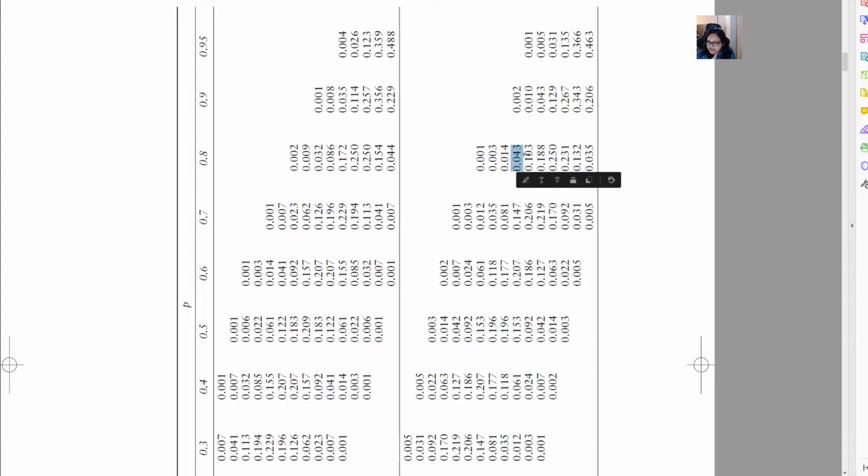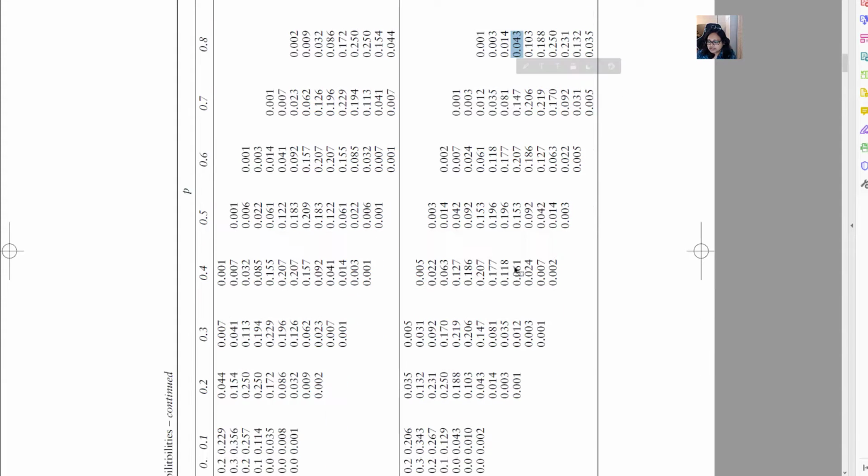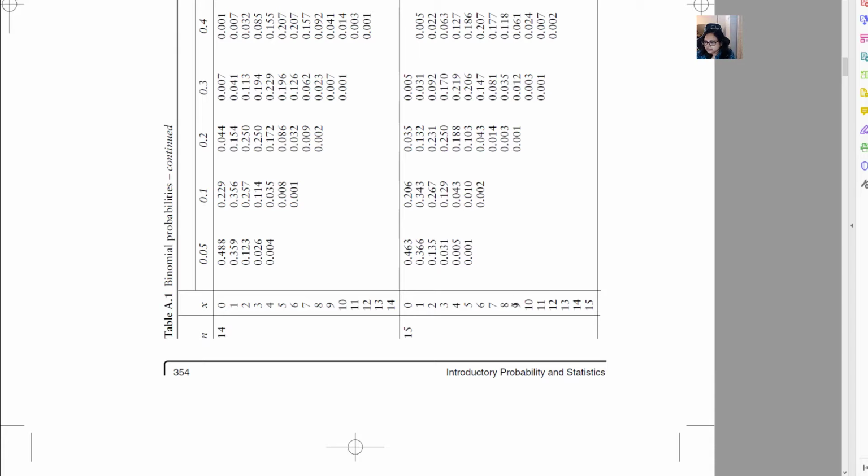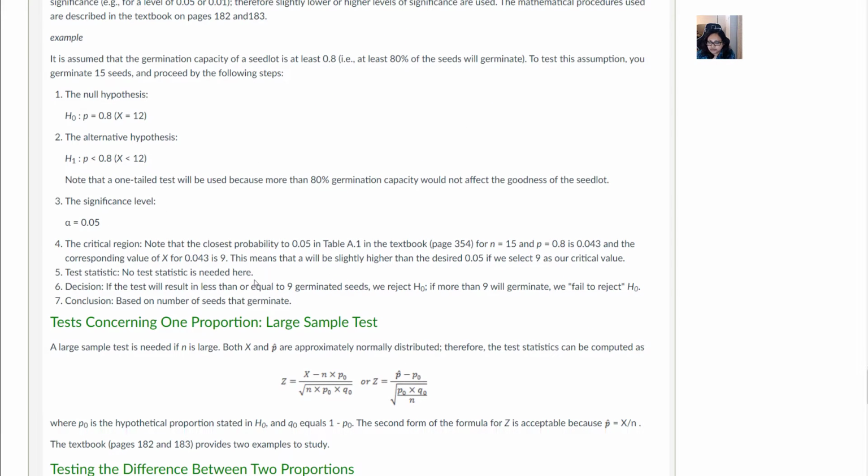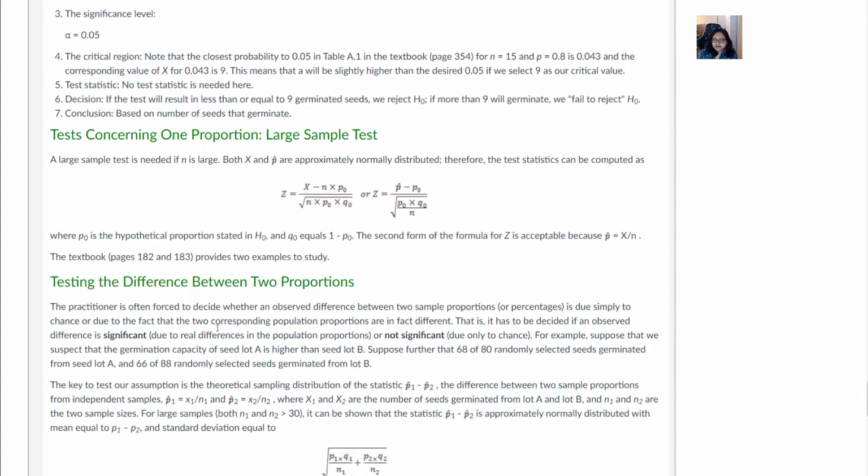For that value, what is the x value we find? The x value is 9. That means we have to use 9 as our cutoff point, that's the critical value we find. So using that, we can say that if it is less than or equal to 9, then we will reject the null hypothesis. That's how we can find it.